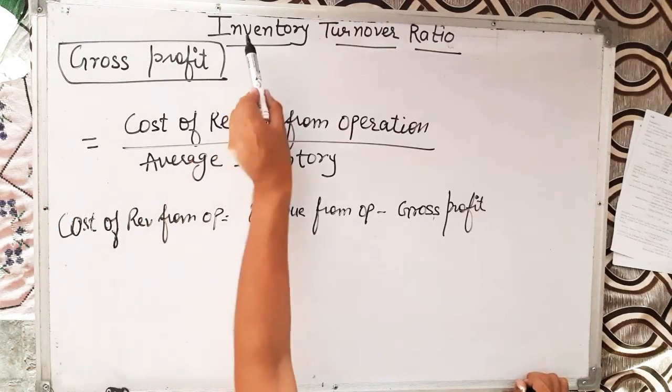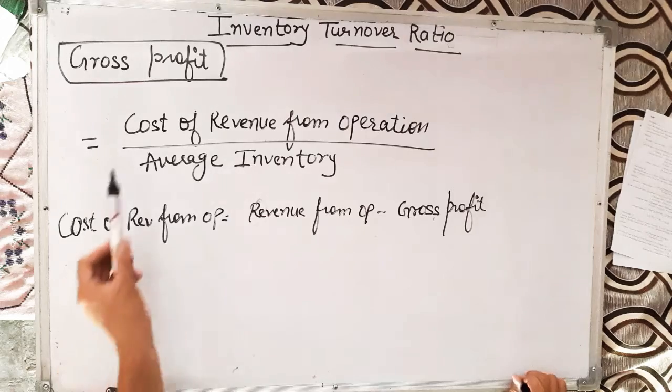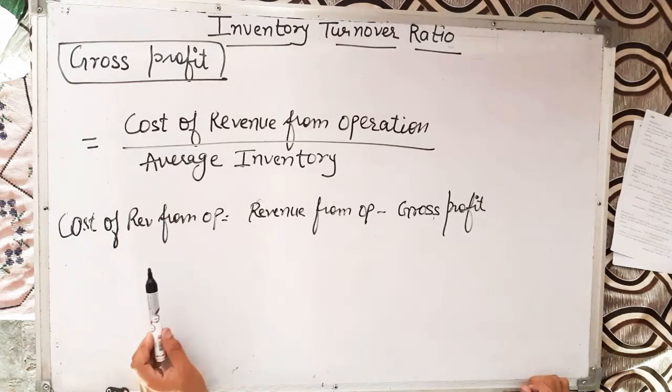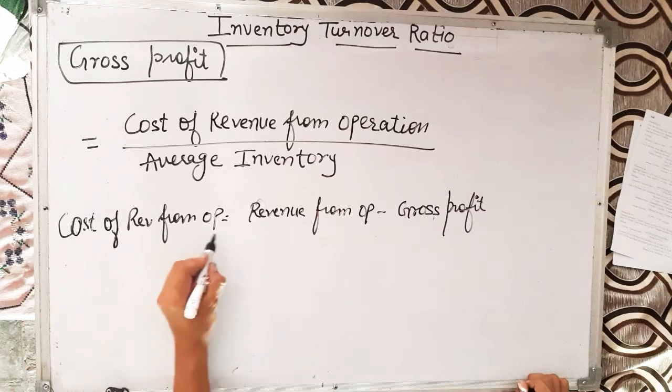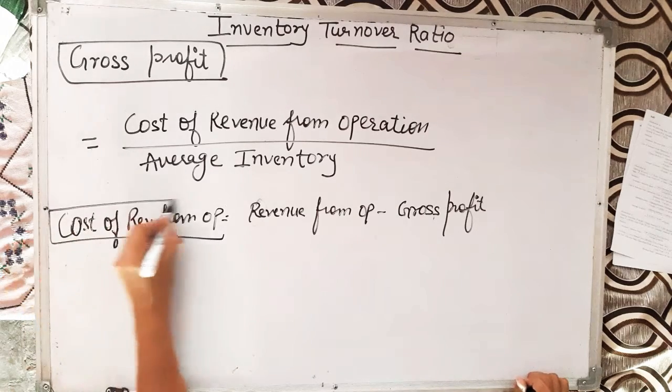The formula of inventory turnover ratio is equal to cost of revenue from operation divided by average inventory. So what is the formula of cost of revenue from operation?